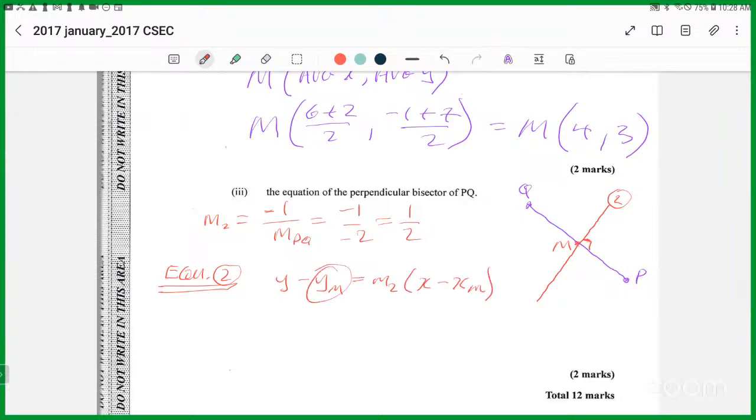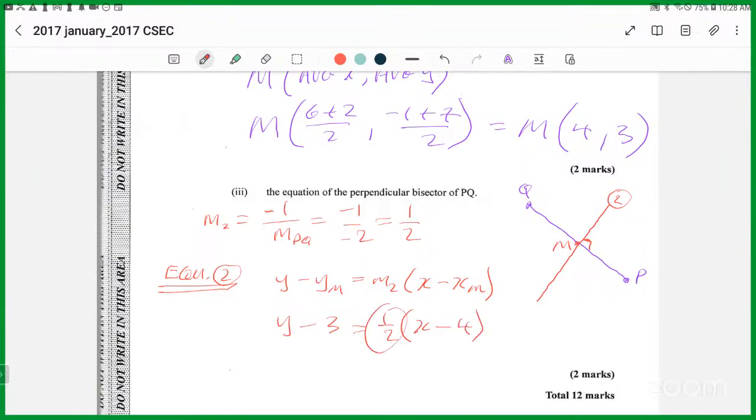Here ym and xm represent the coordinates of the point, and this is the gradient that we just found. Let's set it up. It becomes y minus ym. ym is 3, equals the gradient of that second line, a half, into x minus the x value at the point, which is 4.